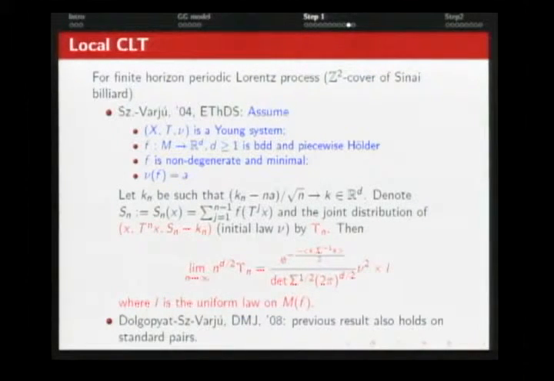In our result with Tamás Varjú, we proved the local version of the central limit theorem when we start from the equilibrium, from the invariant distribution.